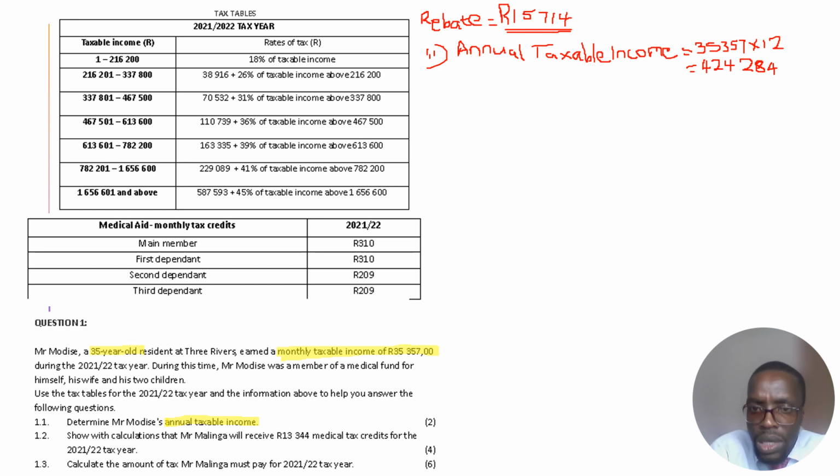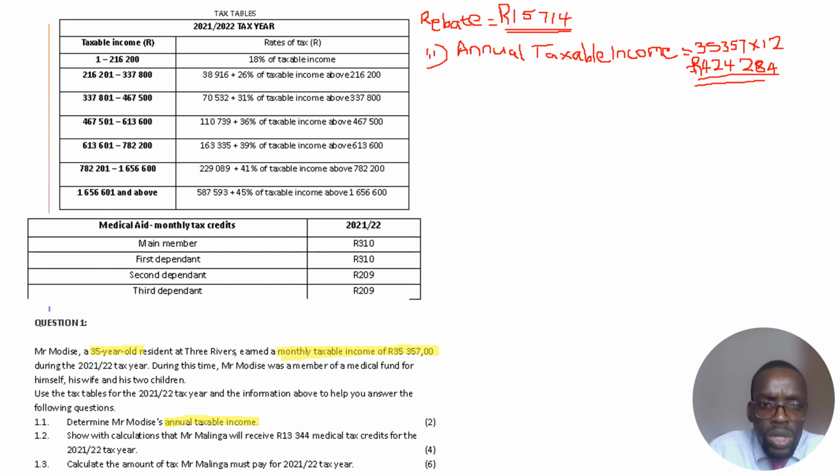So this becomes my annual taxable income. This is the amount of money that this person is earning, which is supposed to be charged tax yearly.